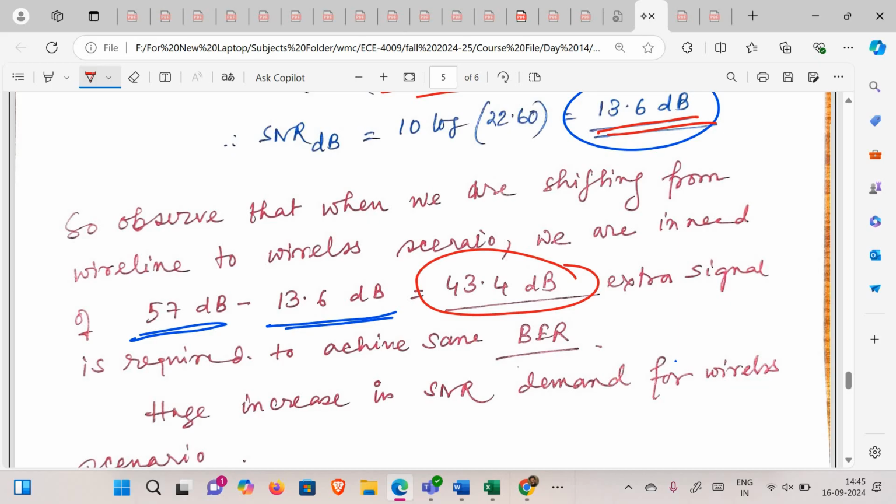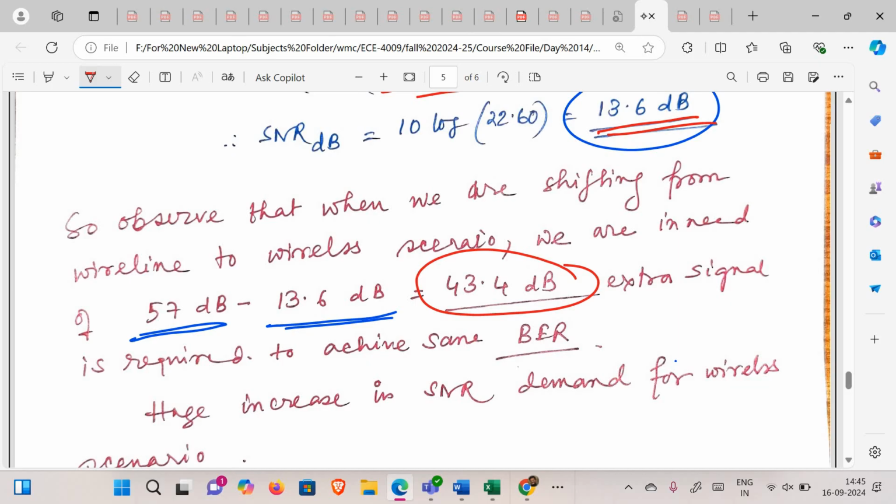So again, coming back, we want to have a wireless scenario for all its advantages. But the advantage comes a little demanding, because to attain a very low value of BER, we would require a very high value of extra SNR or power in order to get that performance.